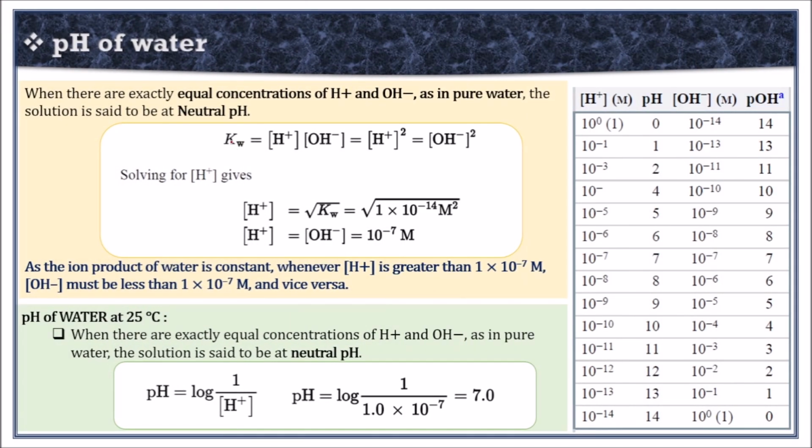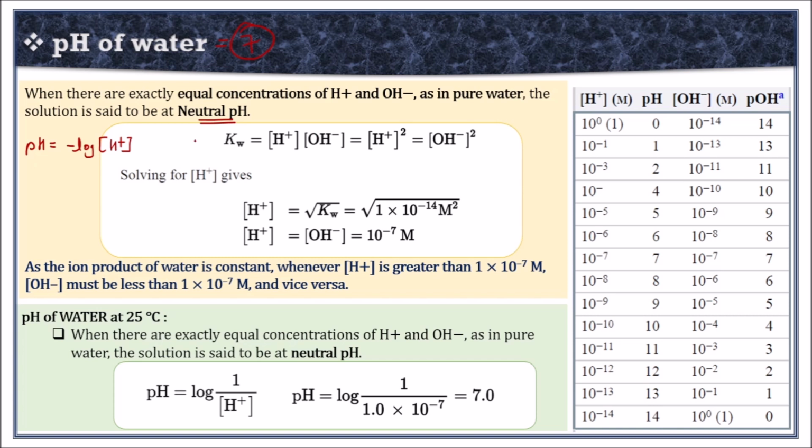Now we will determine the pH of water that we already know is 7, which we call neutral pH. But why it is 7, that we are finding over here. To determine pH, we know that the formula is minus log the concentration of H plus ion. So if we know the concentration of H plus in pure water, then we can determine its pH.